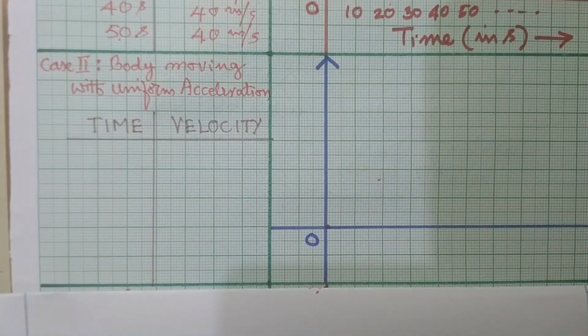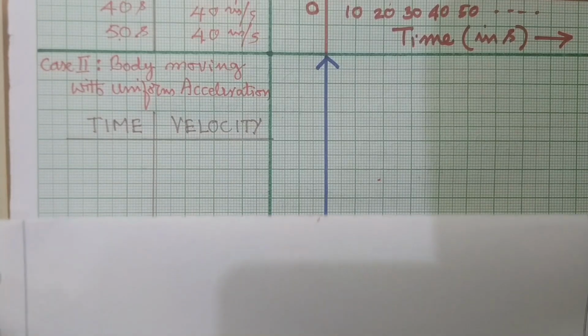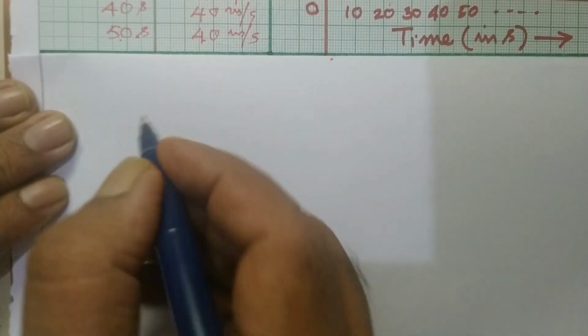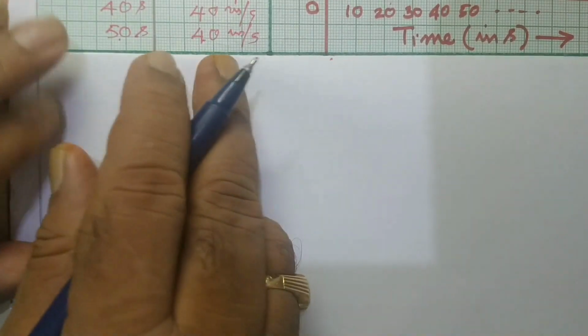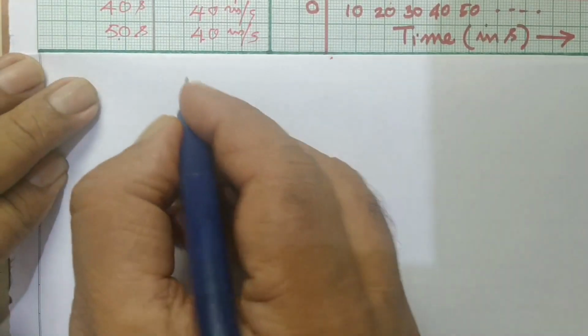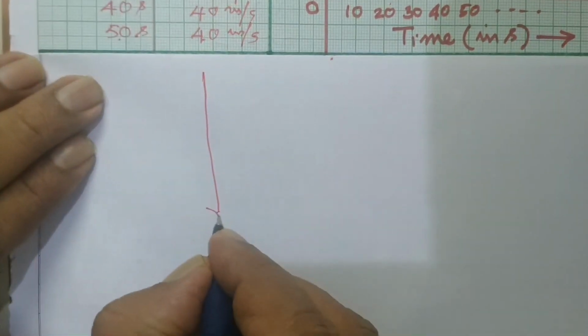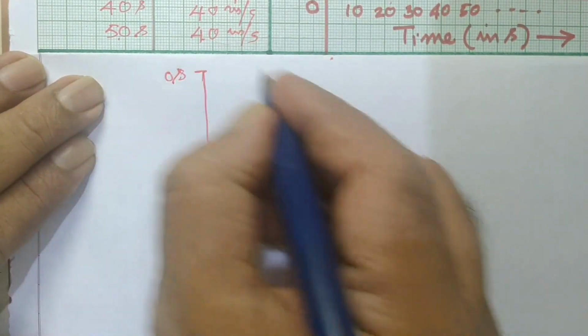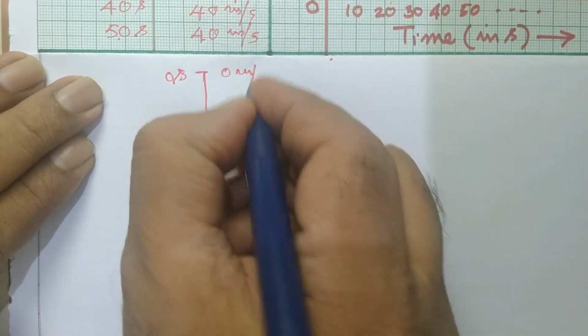You know very well the definition of acceleration, and in that we have seen that acceleration will be there when velocity increases. Let us see the case of acceleration, the best example is a freely falling body. I told you that if you are taking up 0 second, it will have 0 meter per second.